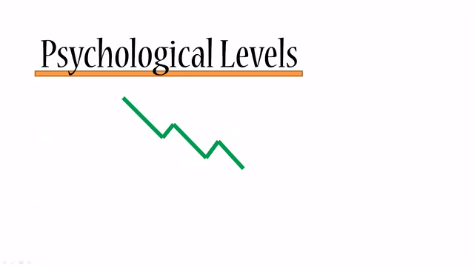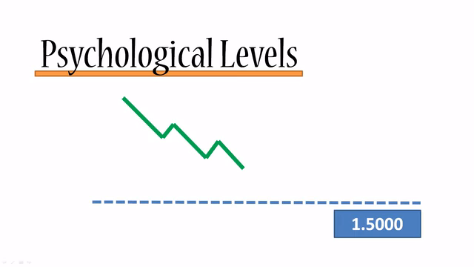They're a bit different in the sense that the price is just in a trend, and then we identify a level which is very often a round number. So, for example, 1.5000. That is a number that plays with the minds of traders, because they don't know whether the price is going to bounce off it or cross it.